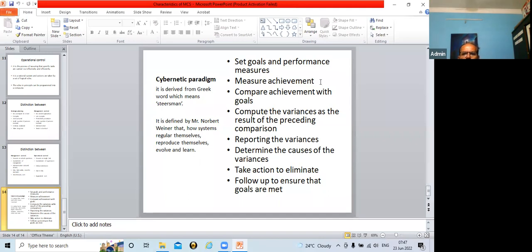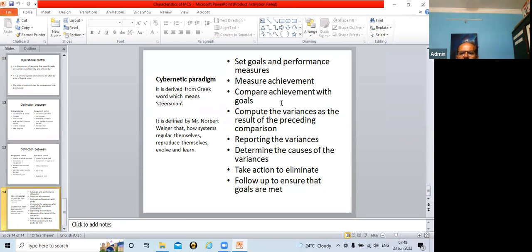Then measure achievement: whether you have achieved your goal successfully, only half, or have just started achieving it. That measurement has to be there. Then compare achievement with the goal. Once you introduce measurement, you have to compare the achievement with the particular goal.